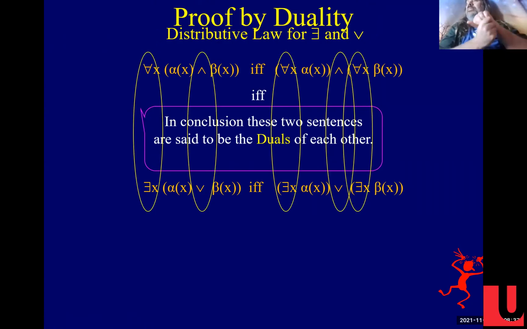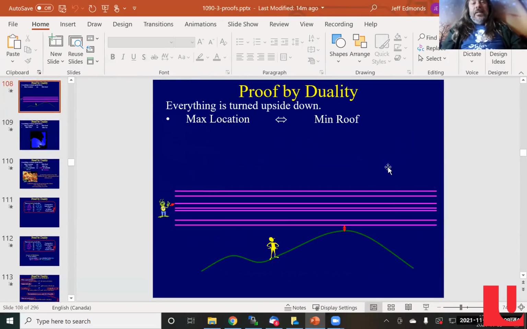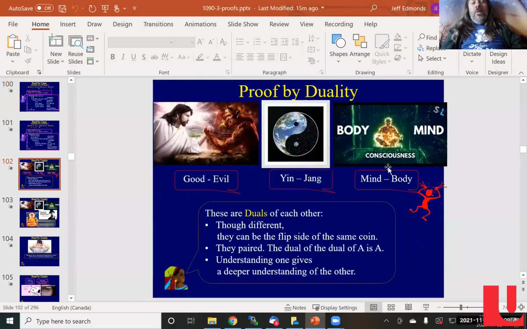And if you remember from what we talked about last class, what are duals of each other? Good and evil are duals of each other. They're sort of different. They're sort of opposites, but in some ways they're the same.